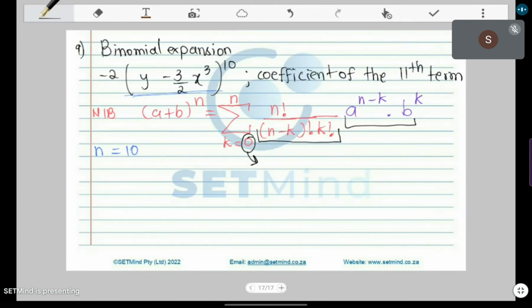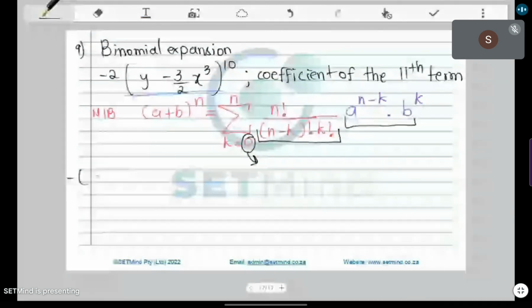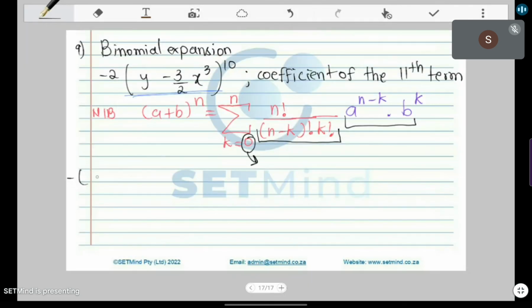Okay, so I want to expand this manually for these 3 terms so you can see what's going on. So let us try and expand that thing, minus 2y minus 3 over 2x squared to the 10.